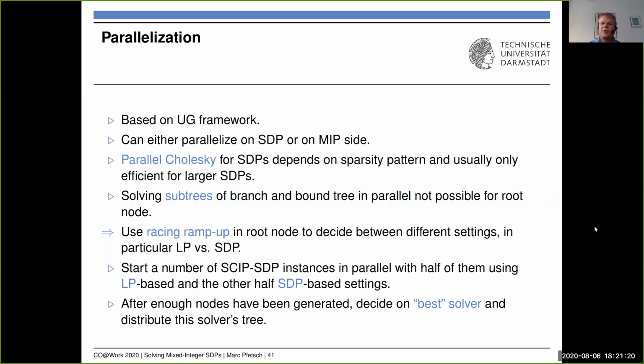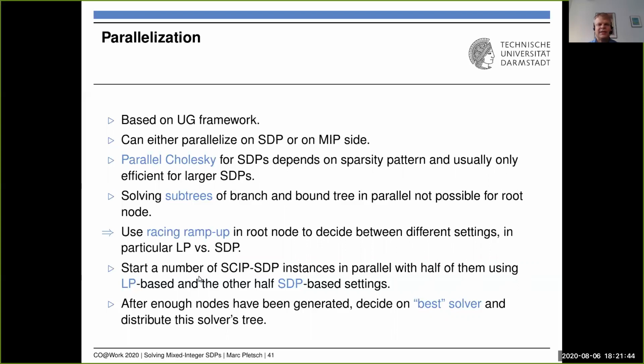This is, of course, not possible for the root node. So it uses the concept of racing ramp-up, where it solves the root node with different settings, in particular using the LP or SDP. And then it selects the best settings for the nodes to come.